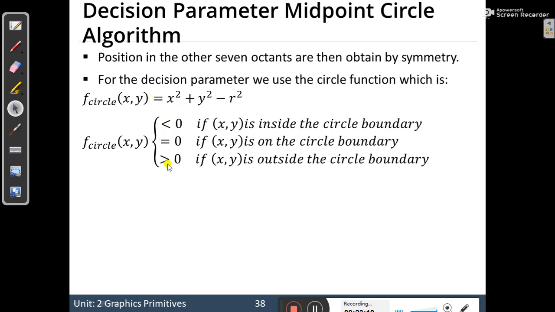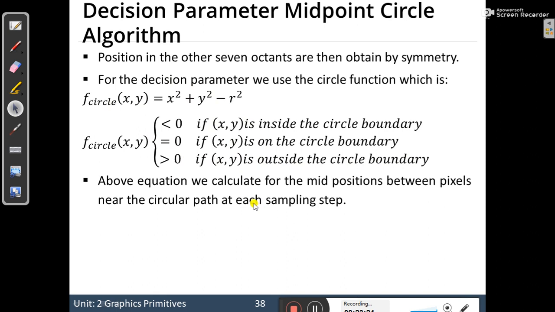It will be greater than 0 if it is outside the circle boundary, meaning this value is greater than r. So this is the function used to find the decision parameter. We calculate the above equation for the midpoint position between pixels near the circular path at each sampling step.